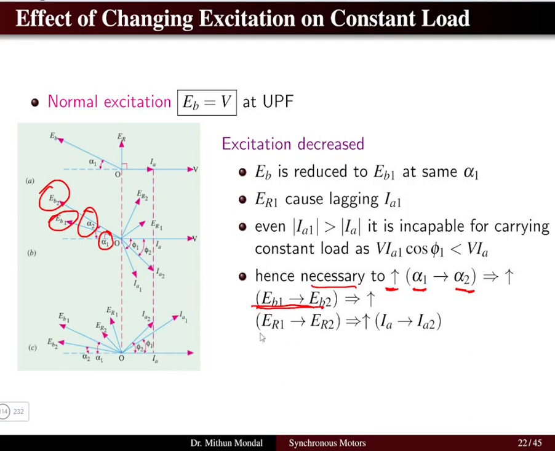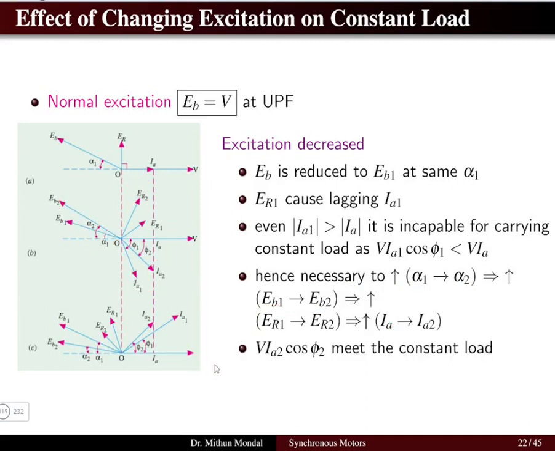This will increase the resultant voltage, that is ER1 will increase to ER2, and this will increase the current IA1 to IA2. So IA2 is more than IA1.